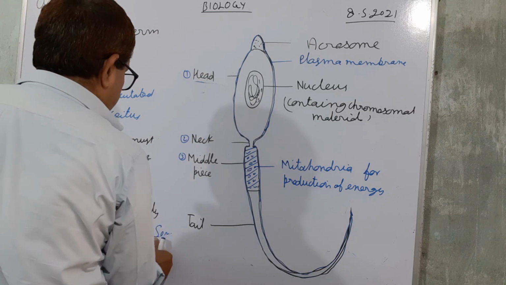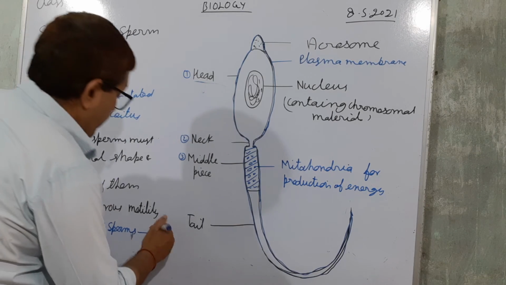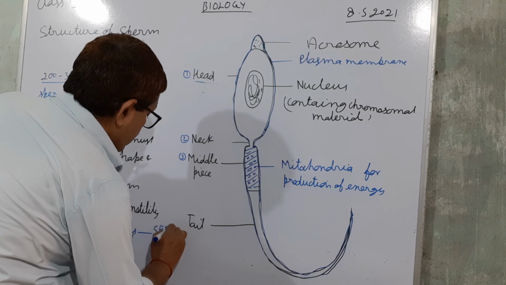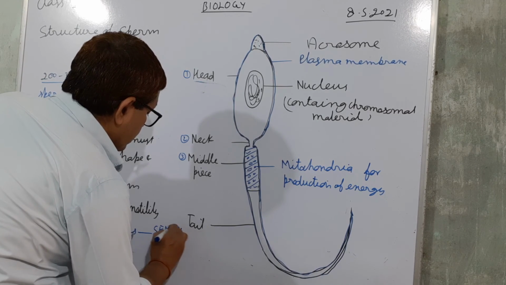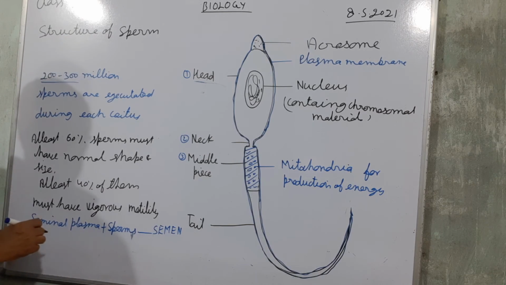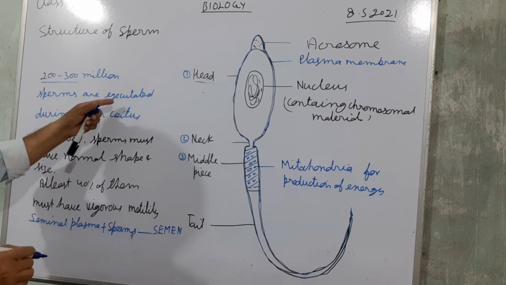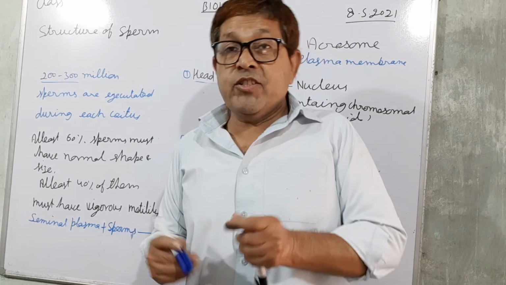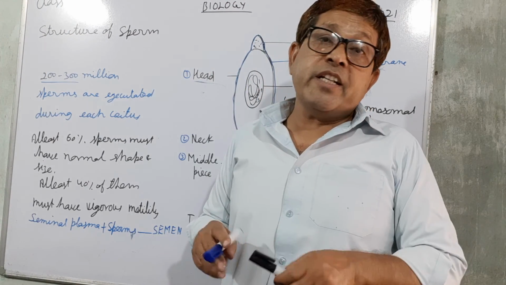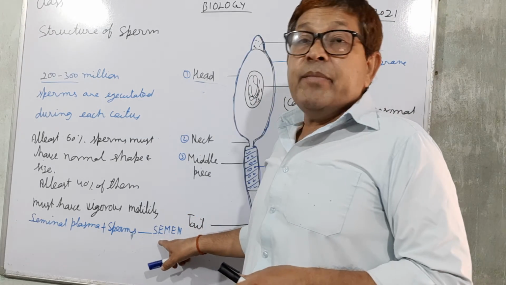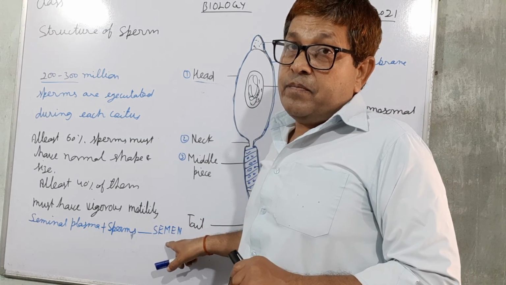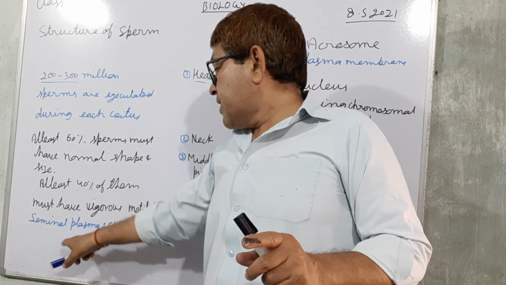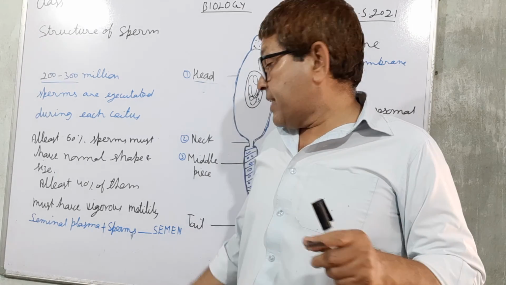This is semen. During coitus, actually, not only sperms are ejaculated, but semen is ejaculated, and that semen contains seminal plasma plus sperms.